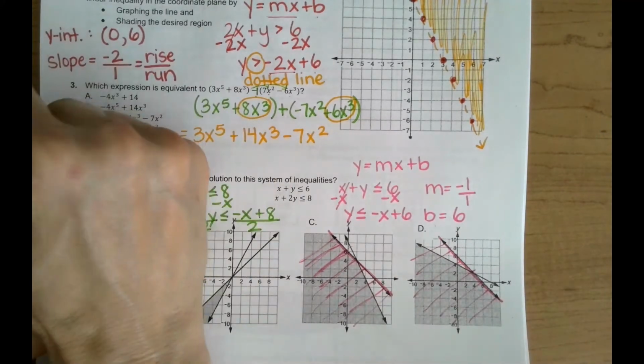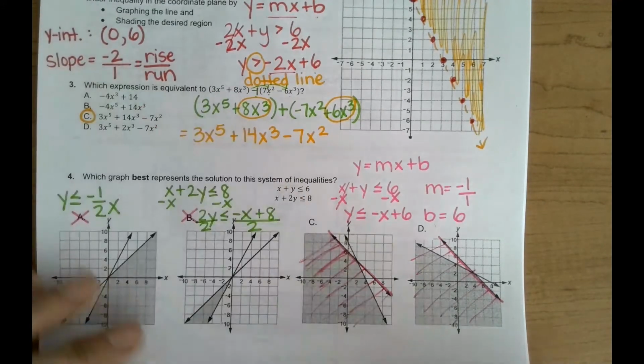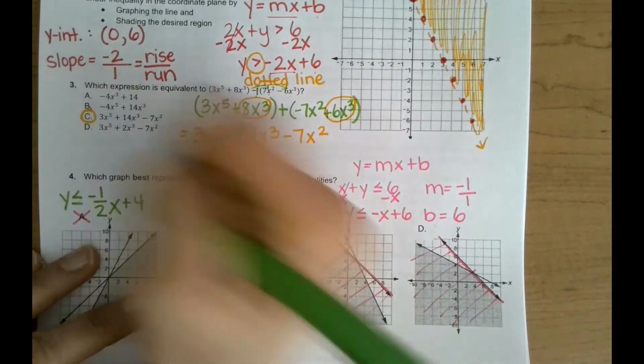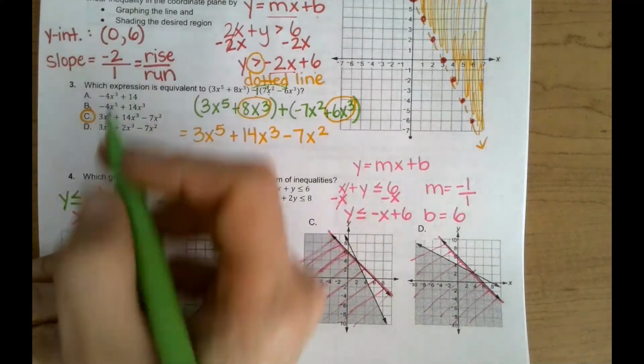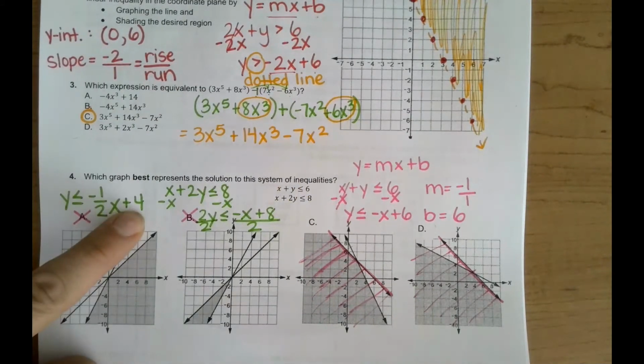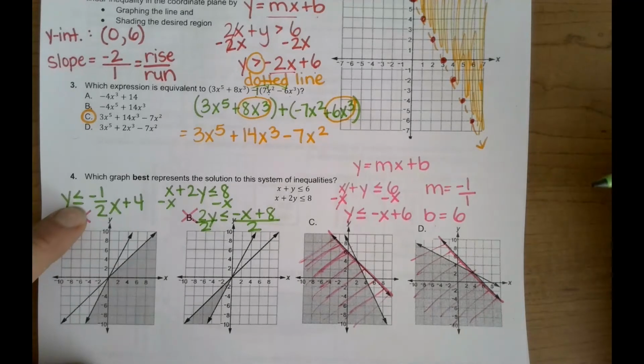So then I get y is less than or equal to negative 1/2 x plus 4. All right, for this one, my slope is negative 1/2 and my y-intercept is 4. And I know it's less than or equal to.